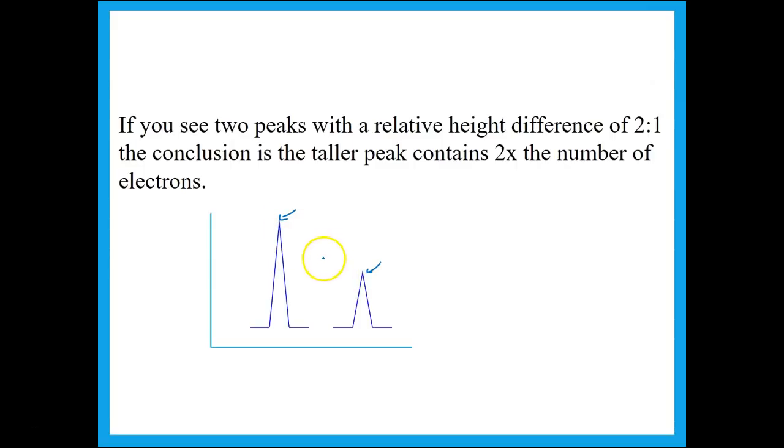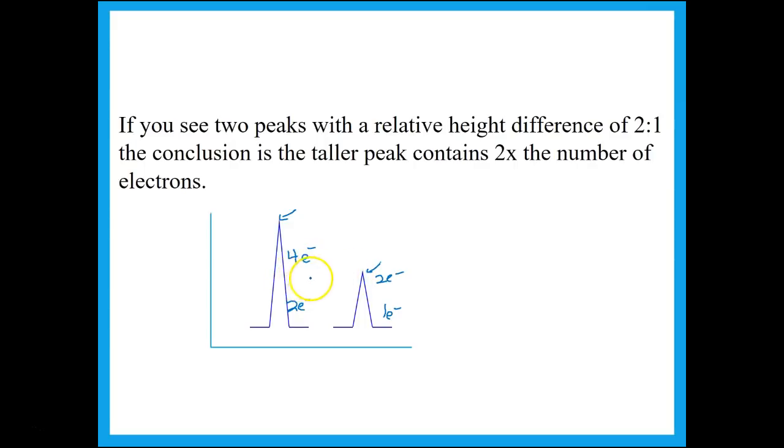So that means there are 2 times the number of electrons at this peak than this peak. So if this peak represented 1 electron, this would be 2 electrons. If this peak represented 2 electrons, then this one would be 4 electrons, so on and so forth. You get the idea? So we're going to be looking at the size of the peak. The taller the peak contains more electrons.